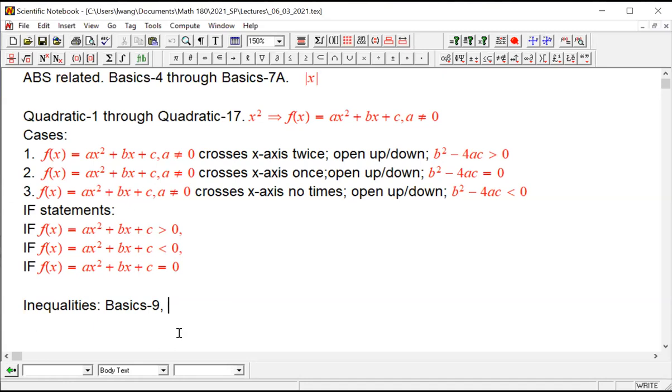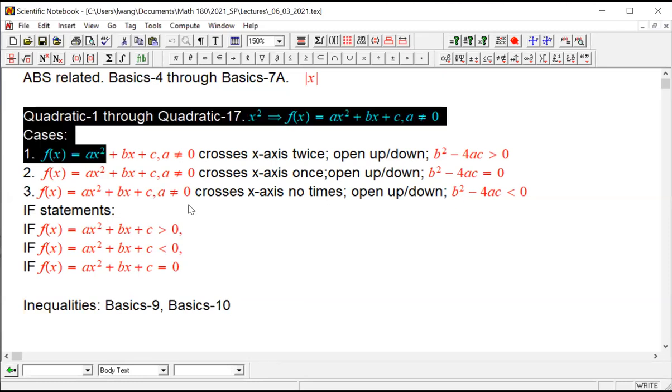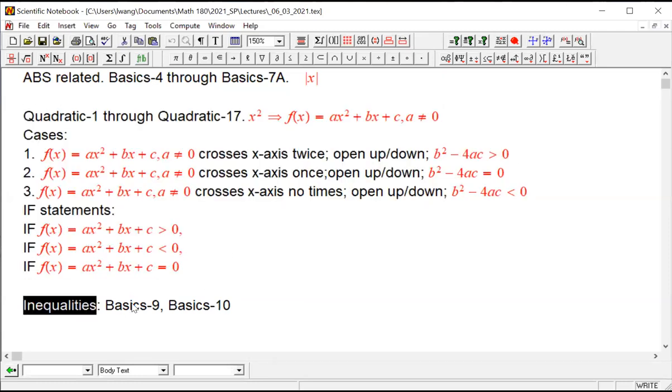Basic 9 overlaps with the inequalities in quadratic. And basic 10, quotient. How do we solve those inequalities? So there's some overlap between this block and that block.